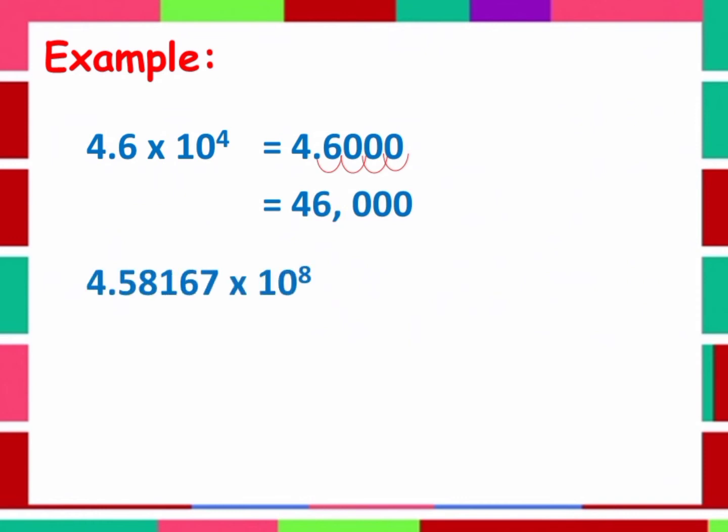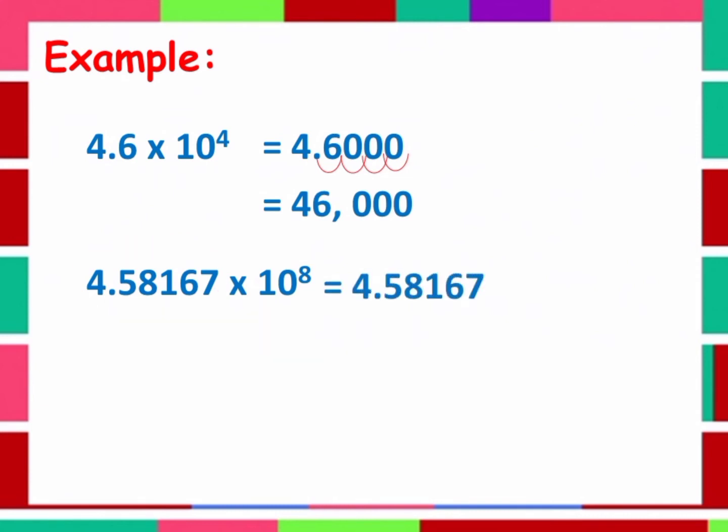Next example is 4.58167 times 10 raised to 8. As you can see, the exponent is positive, so we move the decimal point to the right. Copy again the first factor.